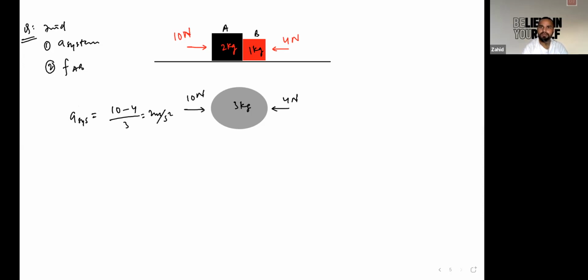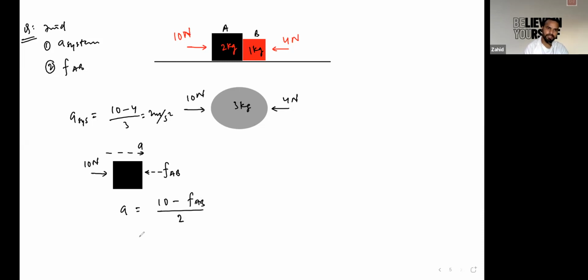Now use FBD. One force is along this direction and the system is going along this with some acceleration A. So there would be a force along this direction, the force on A by B. So using the second law, you would say A is equal to 10 minus FAB divided by the mass of the block, that is 2. 2 into 2 is equal to 10 minus FAB.